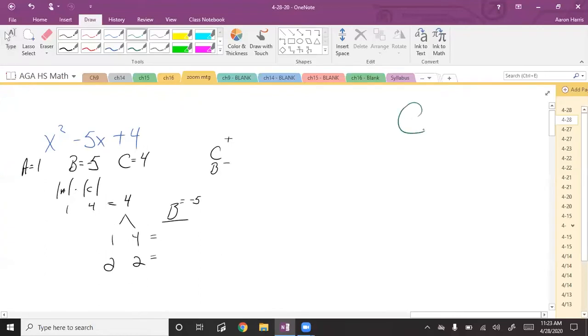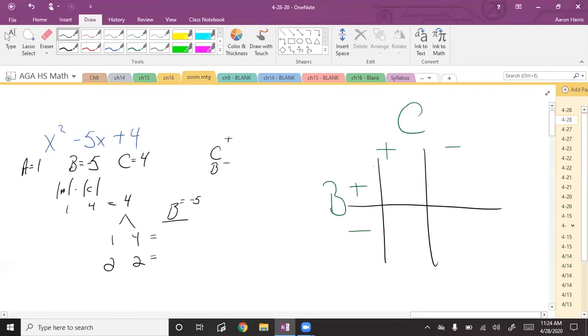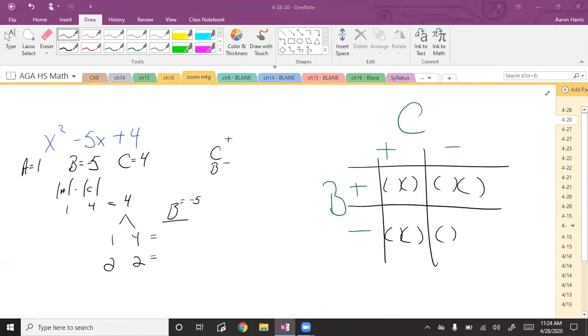Here's what we need to know. Here's C, here's B. C can be positive or negative. B can be positive or negative. So if I'm going to get factors, this graphic organizer will always help you. If C is positive and B is positive, both of my factors have to be positive.